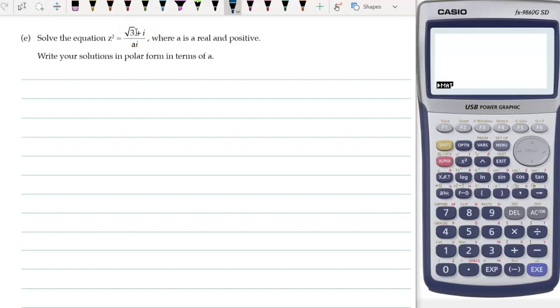Before we can figure out where it sits on the Argand diagram, we do need to rationalize out the denominator. So (root 3 plus i) over ai, times it by minus ai over minus ai, because when we rationalize the denominator, we multiply by the negative of the imaginary part.